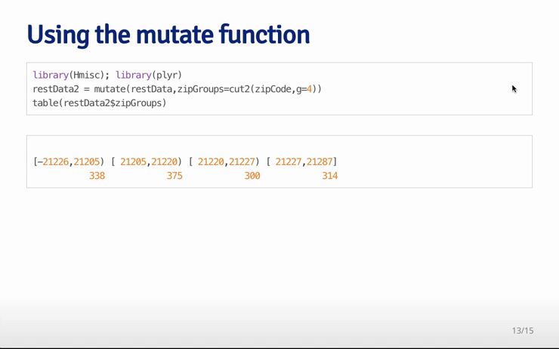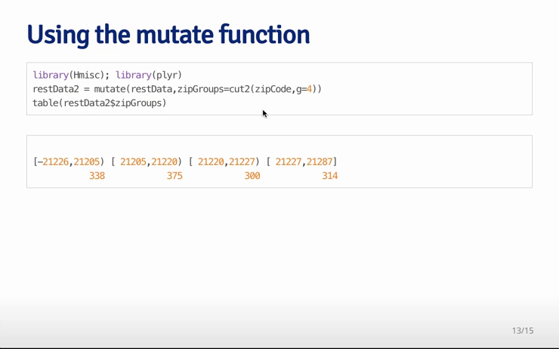You can actually use the mutate function to create a new version of a variable and simultaneously add it to a data set. This is part of the plyr package. So what I'm going to do here is create a new data frame. I'm going to apply the mutate function to the old data frame, and add a new variable zip groups, which is equal to a function of one of the variables in the original rest data frame.